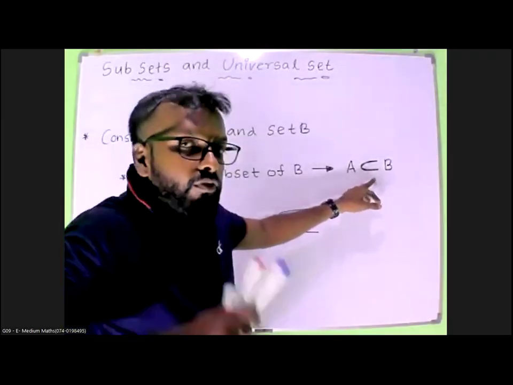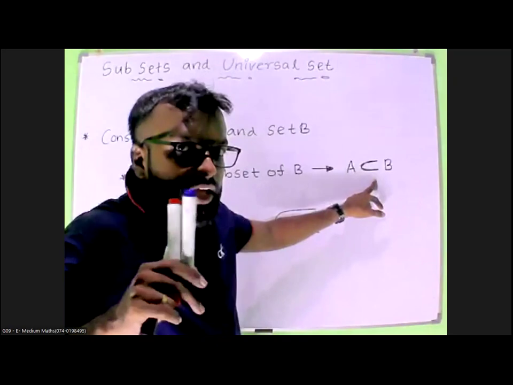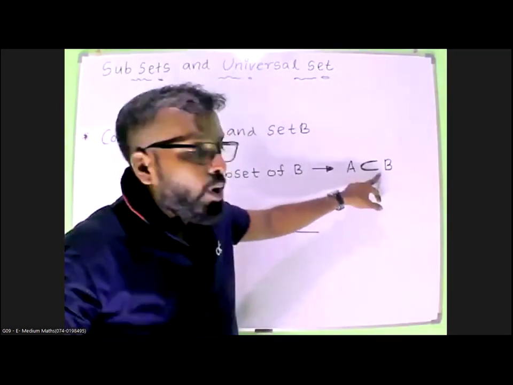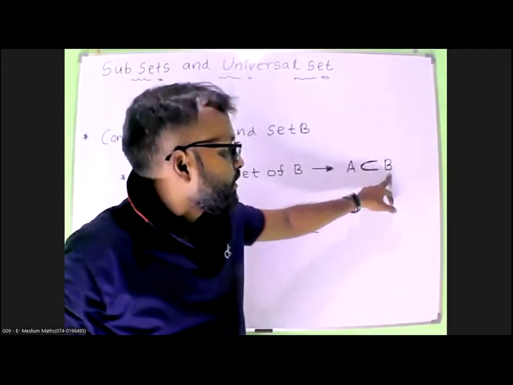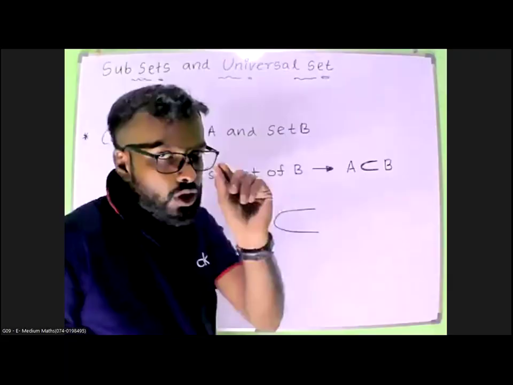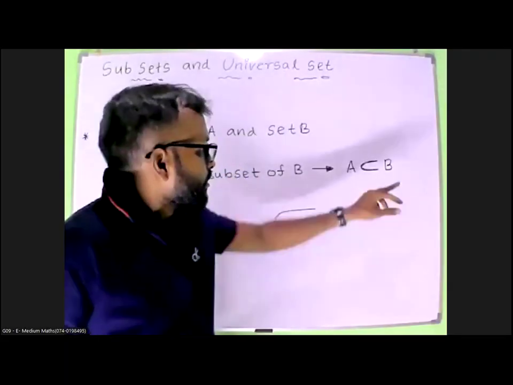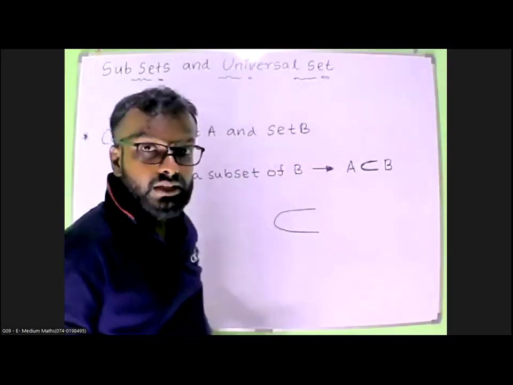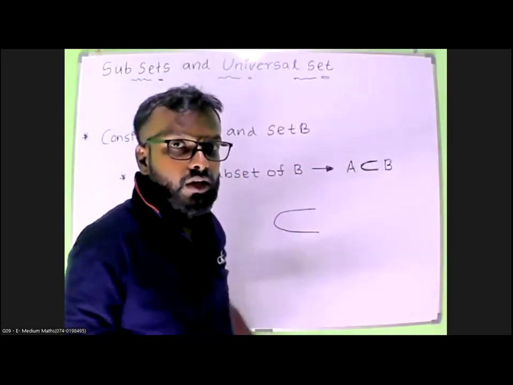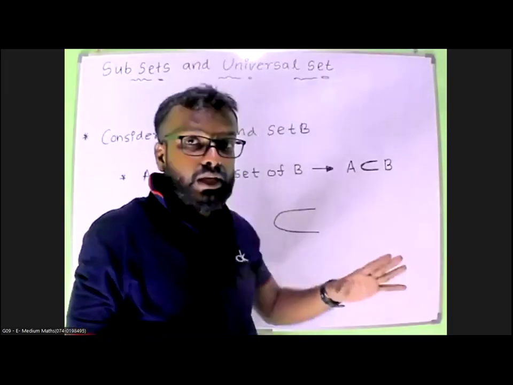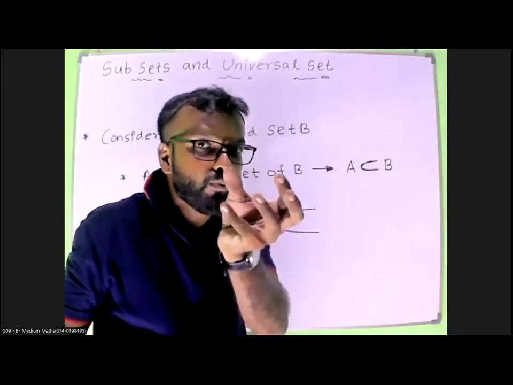Like in inequalities, can you remember inequality? The mouth is open to the big one. A is the smallest thing. Something like B is the universe, A is the subset. The universe is very big, and Earth is the smaller one.